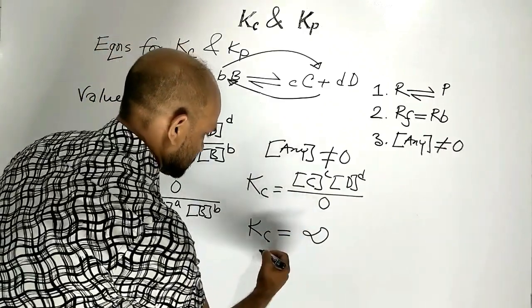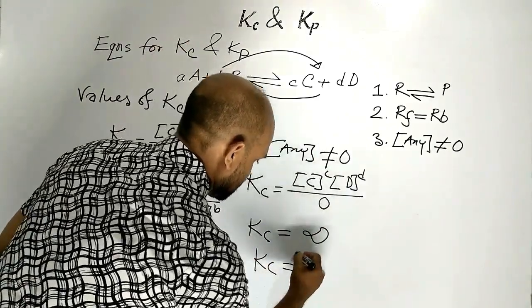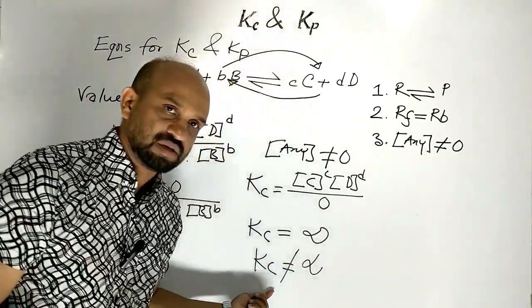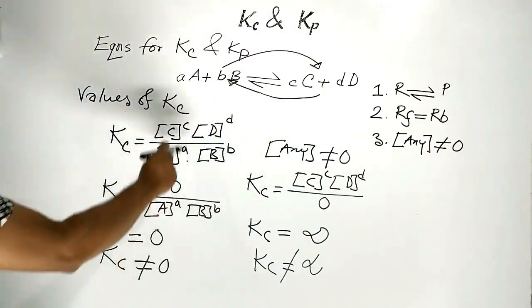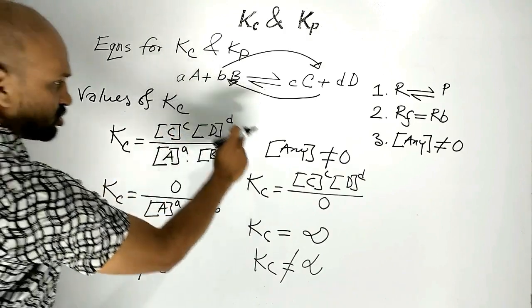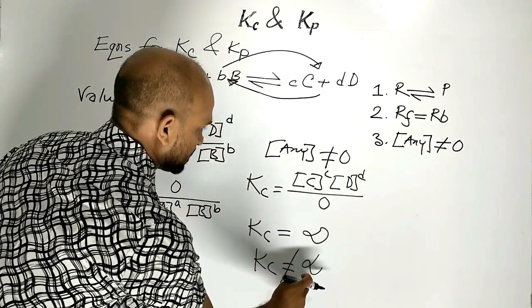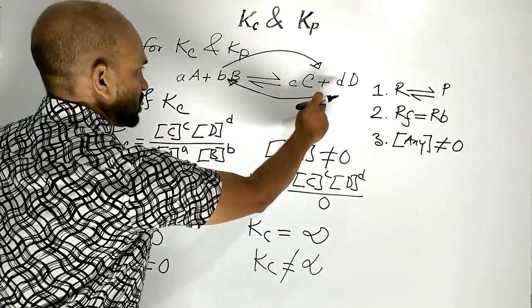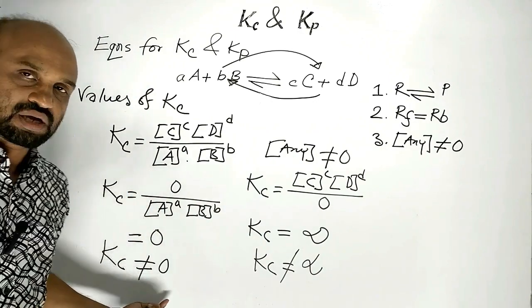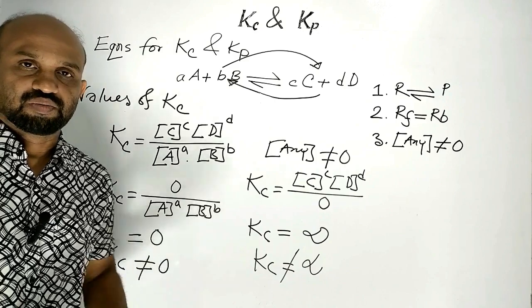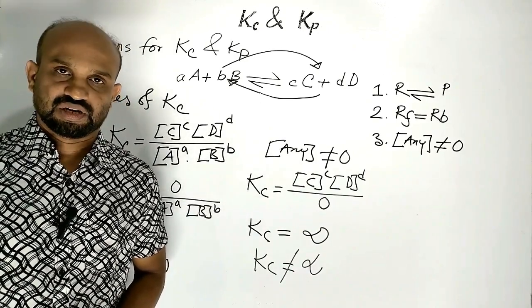But concentration of reactants cannot be zero, so value of Kc cannot be infinity. Concentration of products cannot be zero, so value of Kc cannot be zero. So value of Kc cannot be zero and cannot be infinity as well.